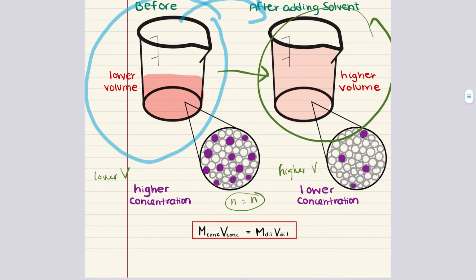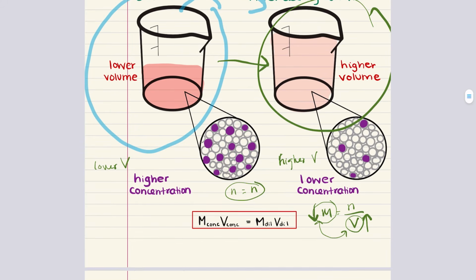If molarity is defined as moles over volume, what you notice is that molarity and volume are inversely related. If you increase volume, you decrease molarity, hence, you decrease concentration. So, again, when a solution is diluted, the total amount of solute in moles remains constant, but the volume of the solution increases, resulting in a lower molarity.